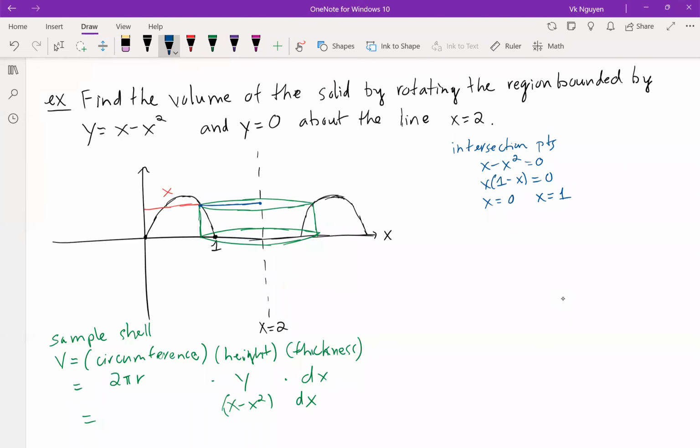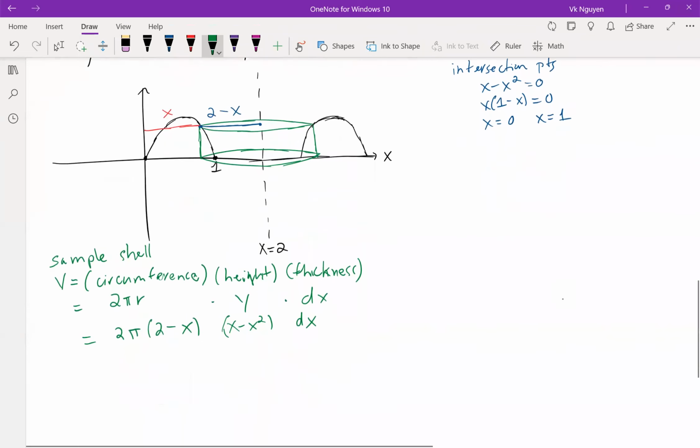So that distance is 2 minus x. 2 pi times 2 minus x. Pretty cool, huh? Multiply it out, and we have 2 pi multiplied by 2x minus 3x squared plus x to the 3. Yay.